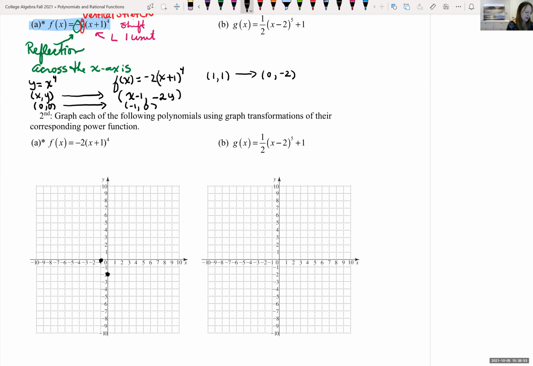And when we plug in negative 1, 1, if we subtract 1 from negative 1, we get negative 2. And we plug in positive 1 and multiply it by negative 2, we get negative 2. So we have a point at negative 2, negative 2.